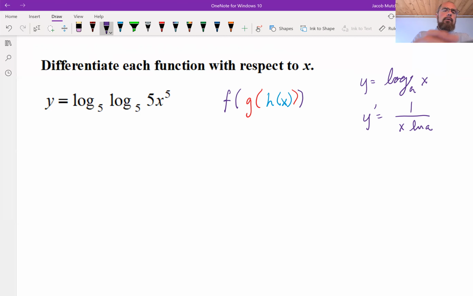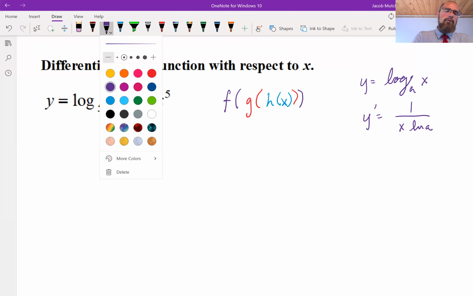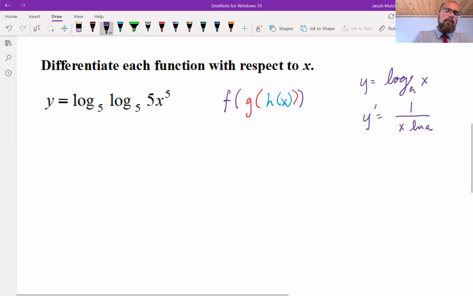Let's just identify which is which piece. So the f of x is going to be this first logarithm. The g of x is going to be the second logarithm. And then the h is going to be 5x to the power of 5.